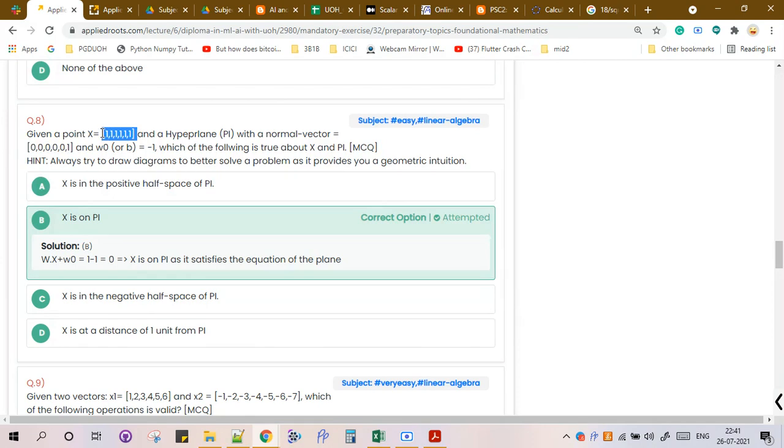Just put this point inside the equation of the hyperplane. So w1 x1, w2 x2, w3 x3, all would be 0. Then 1 multiplied by 1, 1, plus w0. W0 is -1. So 1 minus 1 would be 0. So what we are getting is f of p equal to 0. That means it is satisfying the equation of the hyperplane, so it is on the hyperplane itself.